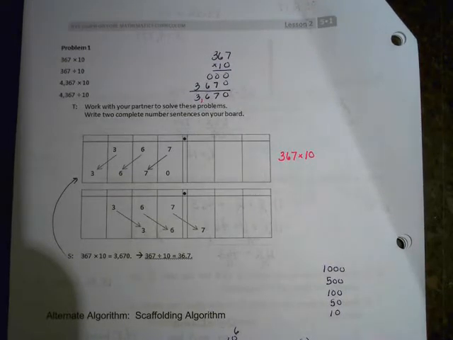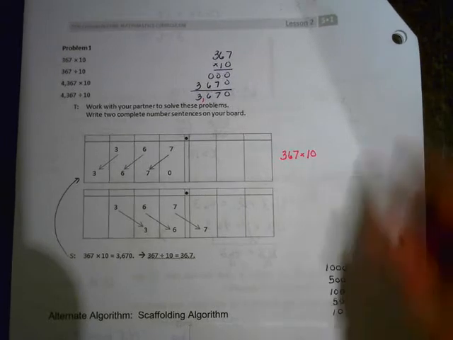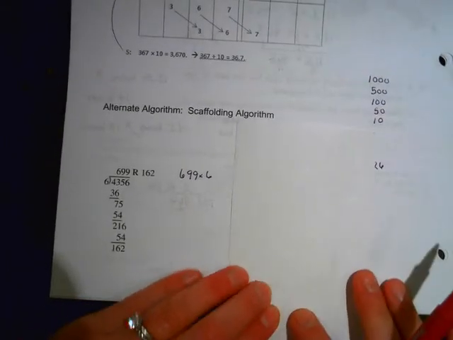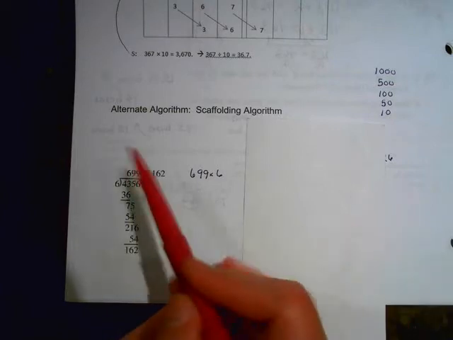All right, my last little bit, before we hit some PEMDAS and some rules of divisibility, is what's called the scaffolding algorithm. This is an algorithm that I actually taught my son when he was in 5th grade, because Joey was the famous underguesser. It was really frustrating for Joey when he would do a division problem and then check it, like 699 times 6 plus 162.